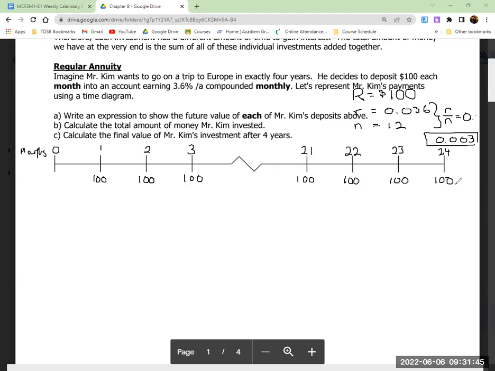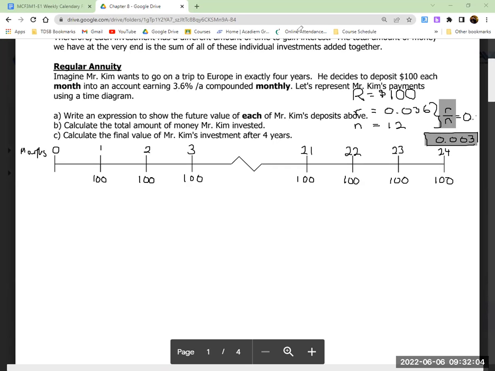Exactly. No time has passed. Let's take a look. Everyone look at the 0.003. That's how much interest you earn every month because you did it right here. Right? You did R divided by N, and that is 0.003.